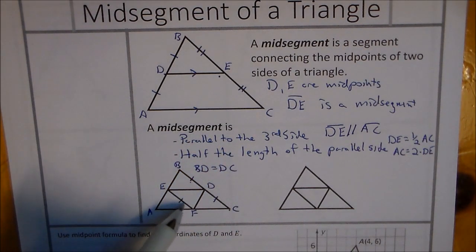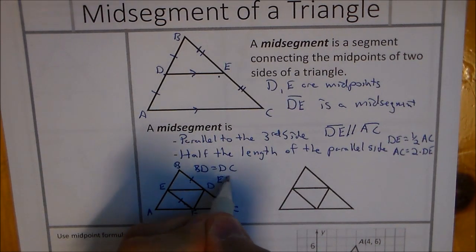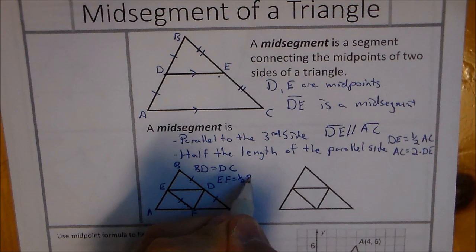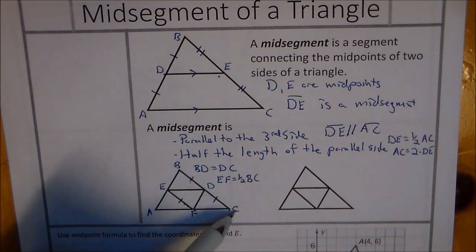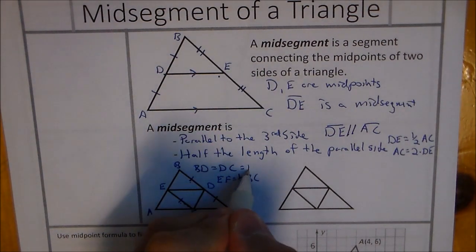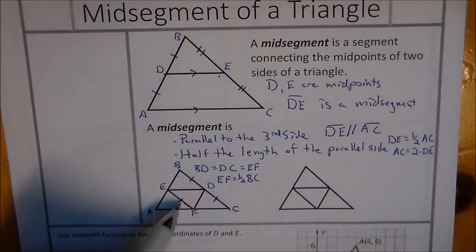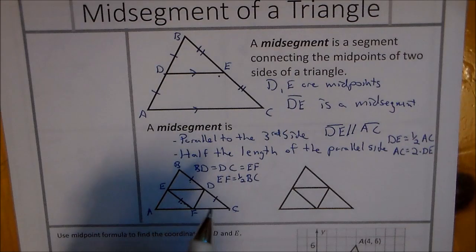Also, since EF is a midsegment, EF is equal to 1/2 BC. But if EF is equal to 1/2 of BC, EF is also equal to BD and DC. So this little unit marking here works for this part, this one, and this one. They're all the same.